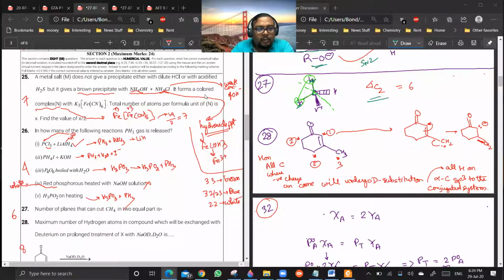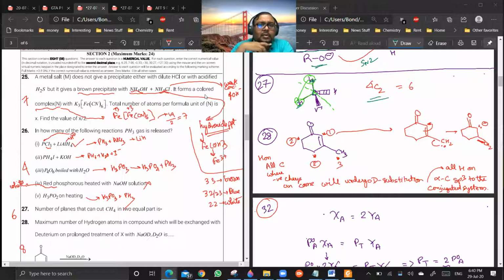So you see, the precipitate must be a hydroxide. Whatever metal is there, it will be precipitated as a hydroxide only. Now, it forms a colored complex with K3[Fe(CN)6]. In group 3, what are the metals? One is Fe3+, another is Cr3+, and the other is Al3+.